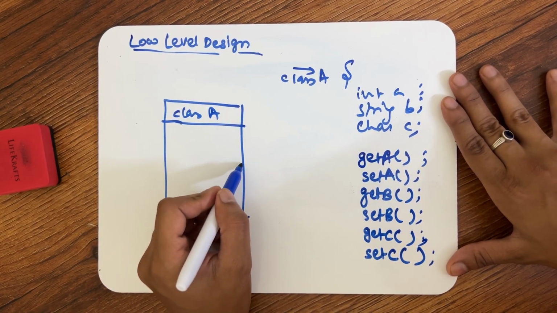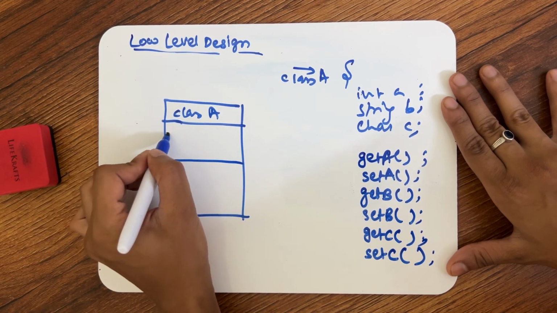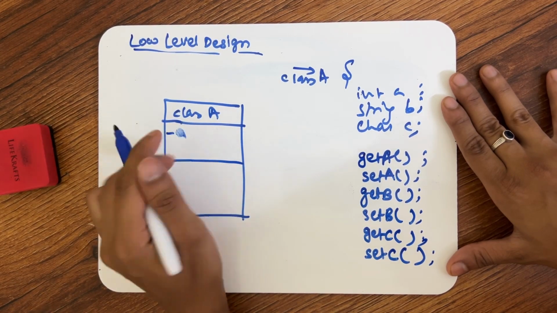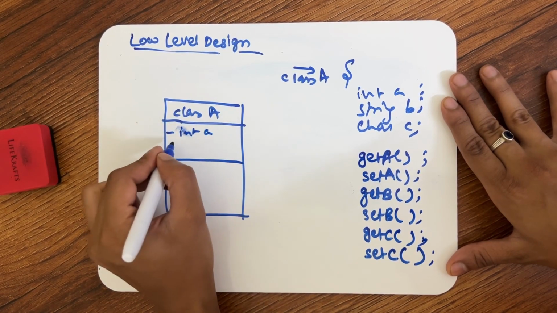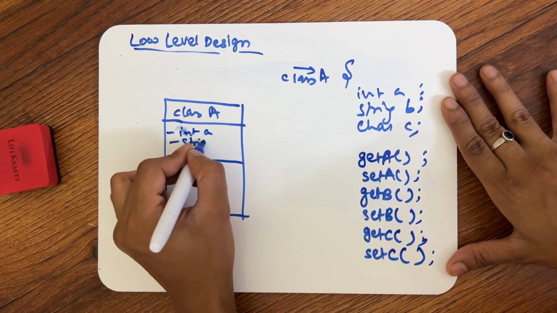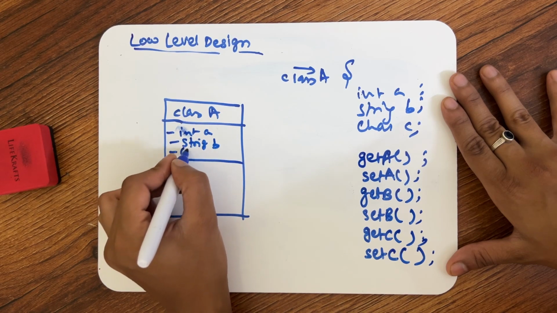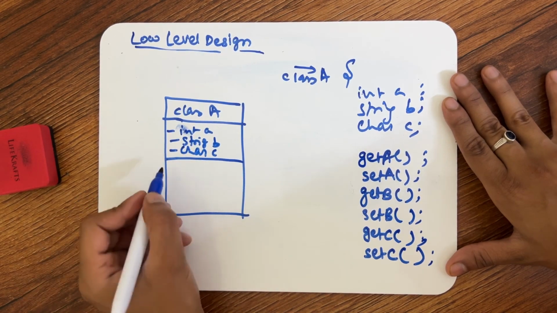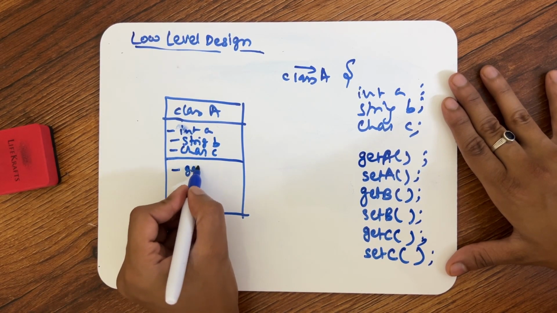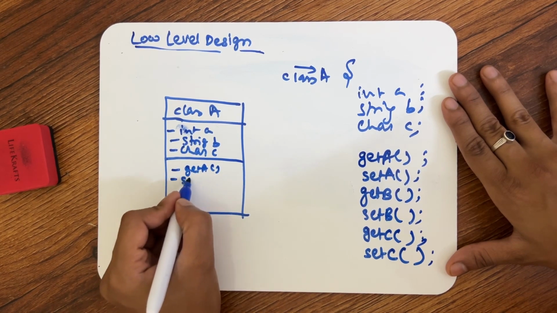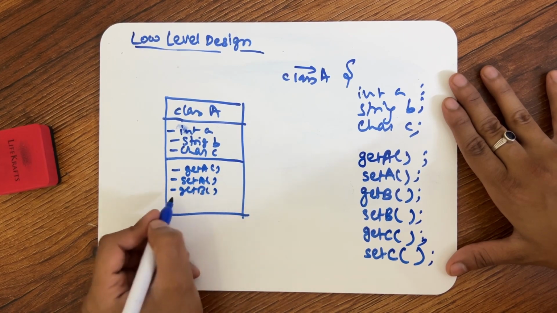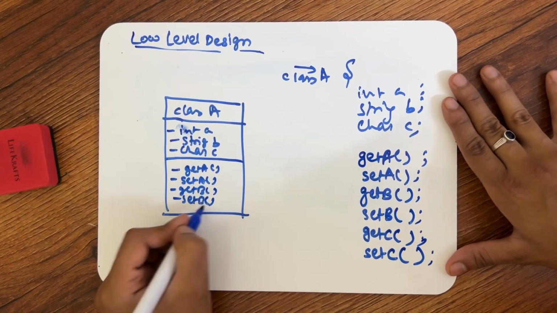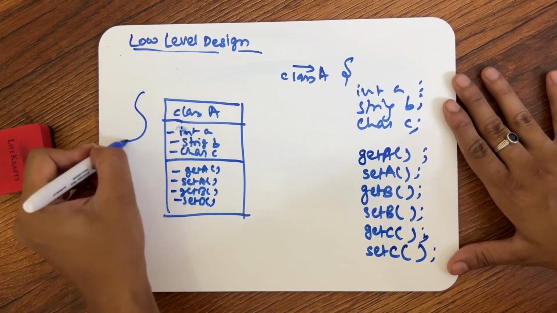Then here it will be like this: int A, string B, char C, and then the methods would be get A, set A, get B, set B. So something like this we can represent.